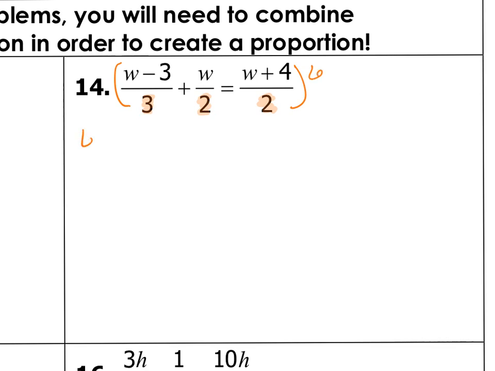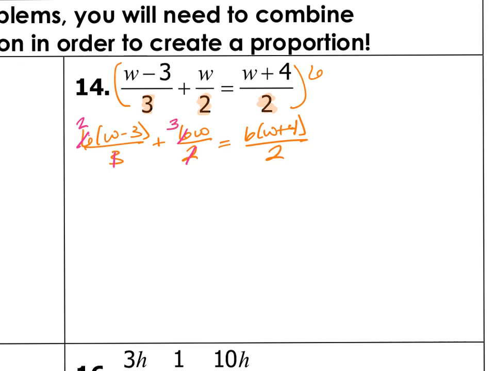So I've got 6 times w minus 3 all over 3 plus 6 times w over 2 equals 6 times w plus 4 all over 2. Now I'm going to simplify. 3 goes into 6 2 times, 2 goes into 6 3 times, 2 goes into 6 3 times.